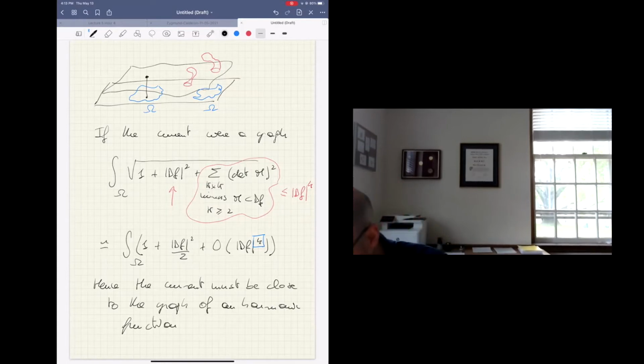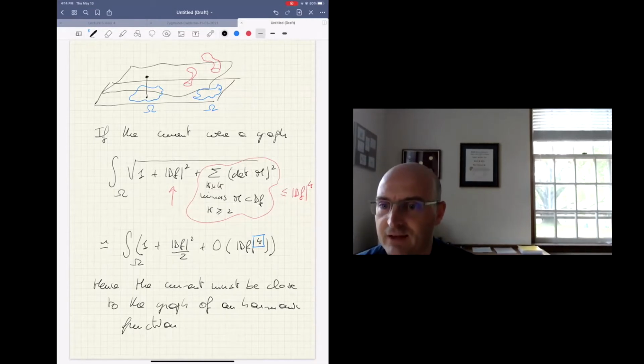And since it is close to the graph of an harmonic function, well, harmonic functions have very good properties, decays of the integral norms, and it is possible to transfer these decays of the integral norms at the nonlinear level to the current if you look at the appropriate quantities.